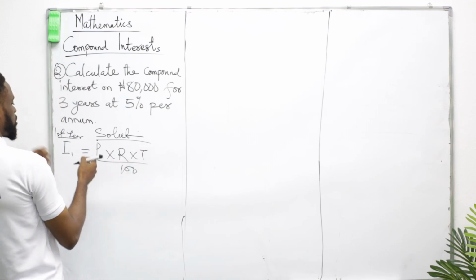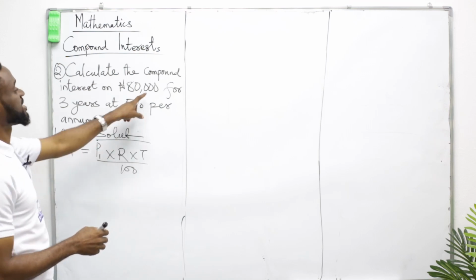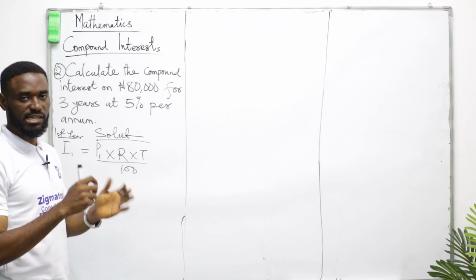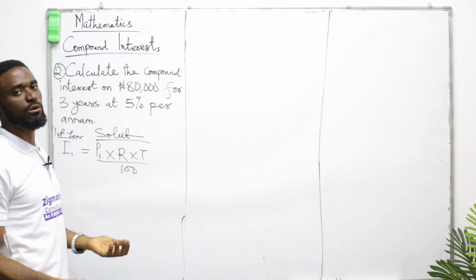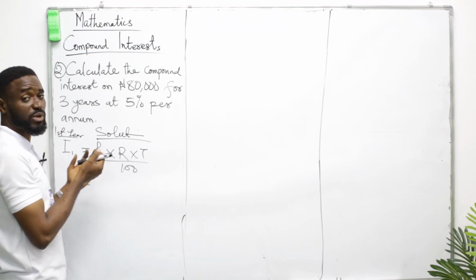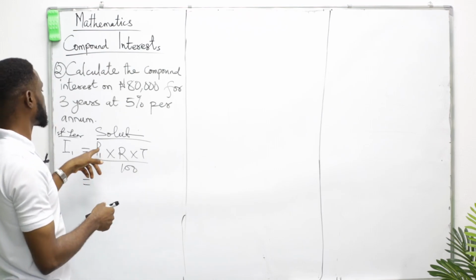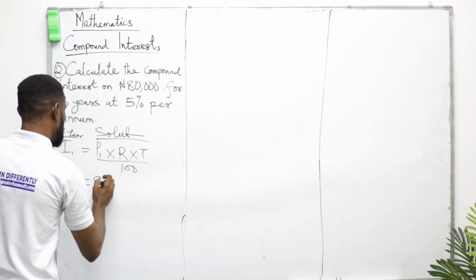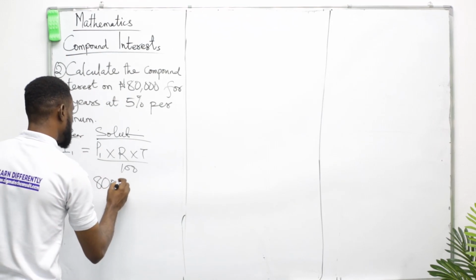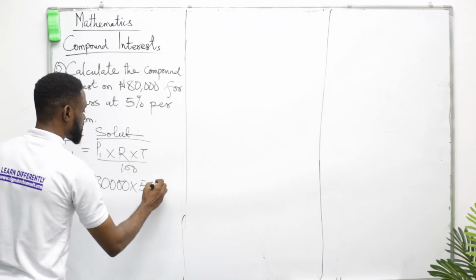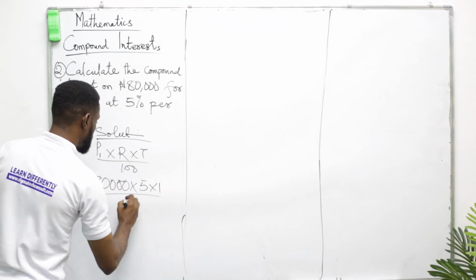Of course, the principal of the first year is the one given. This 5% is constant in the 3 years that we'll calculate. So in place of P1, we put 80,000 times our fixed rate, 5%, times 1 over 100.